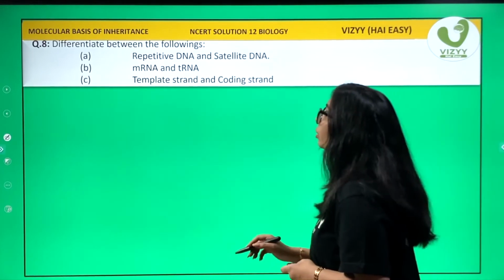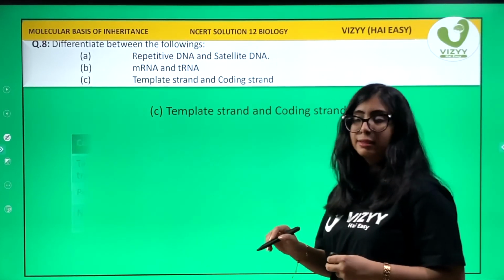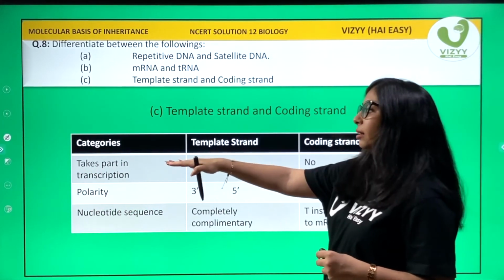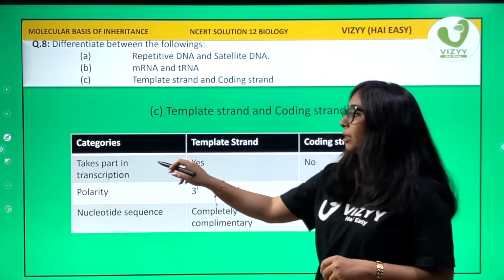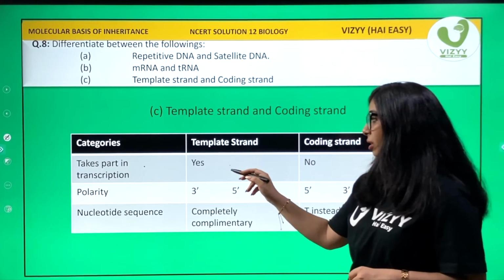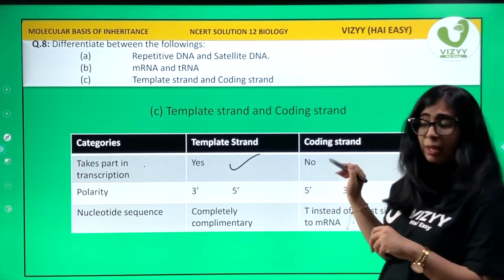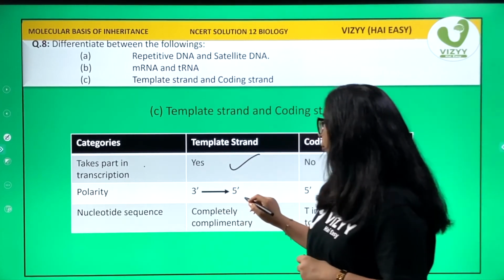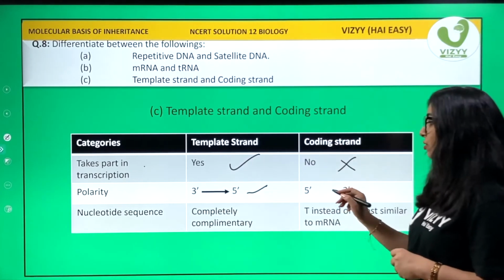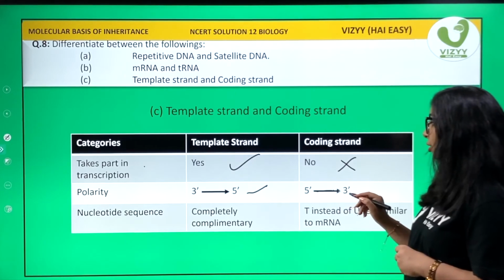Now, let's categorize this. So we'll write categories, template strand and coding strand. Takes part in transcription? Yes. Does the coding strand take part in transcription? No. Polarity 3' to 5', whereas the coding strand would be 5' to 3'.